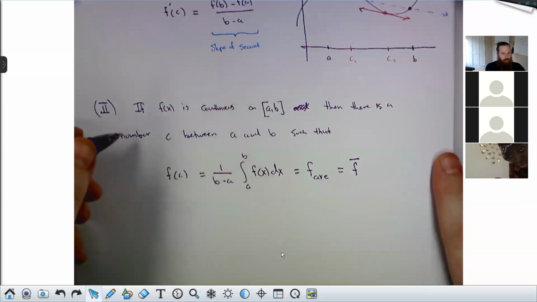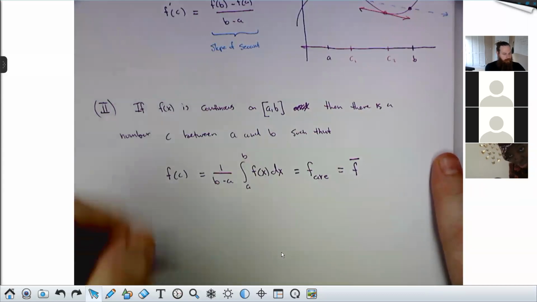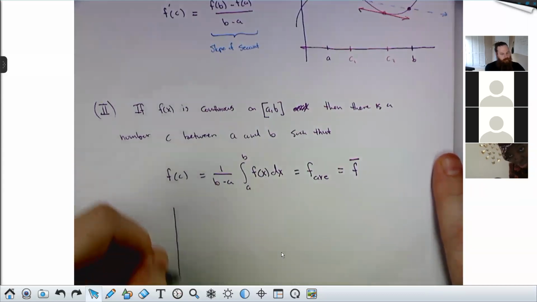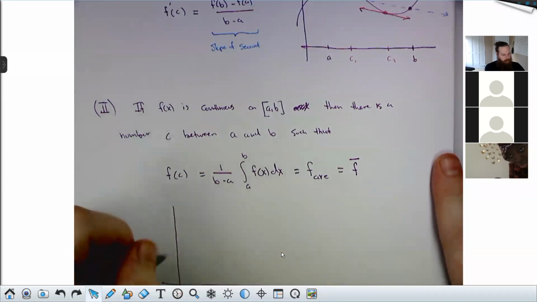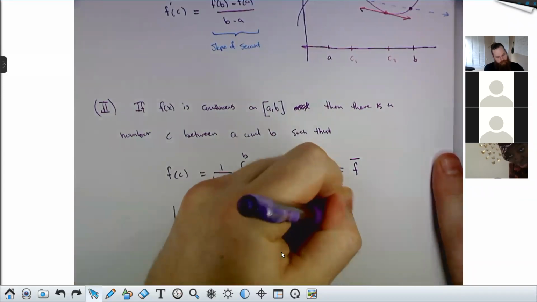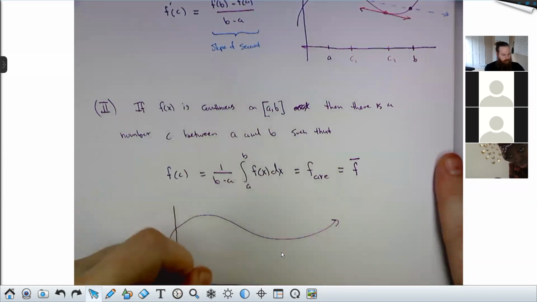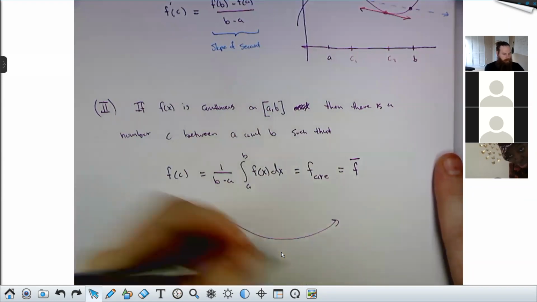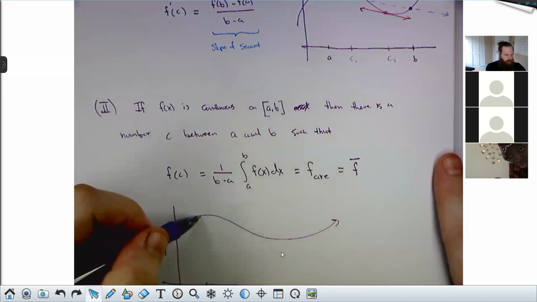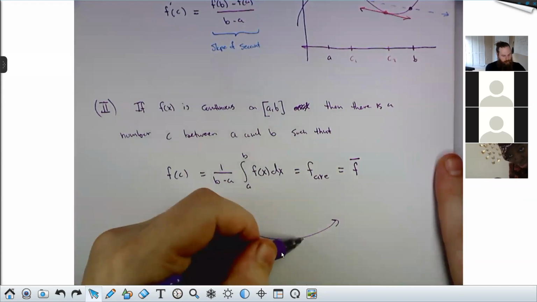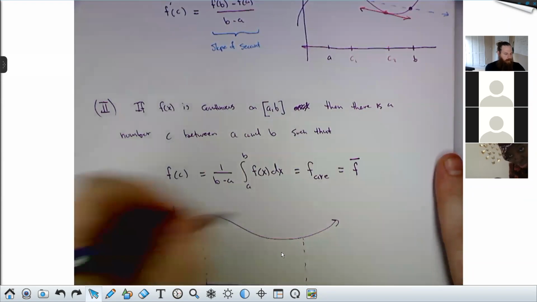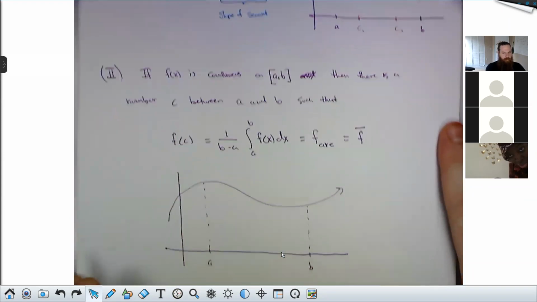And what the mean value theorem for integrals, this second formulation of the mean value theorem, says is that if you look at your function f from a to b, think about all the area here.